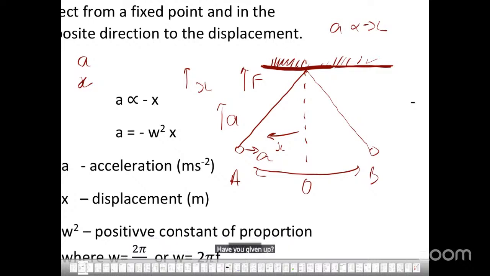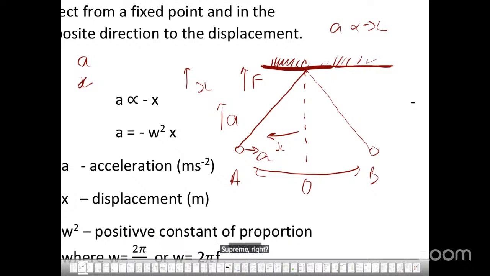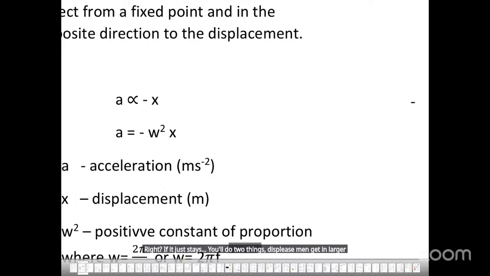What's our next application where we could observe simple harmonic motion? A spring. If you displace a spring, you'll observe those two things: displacement getting larger and acceleration as well.